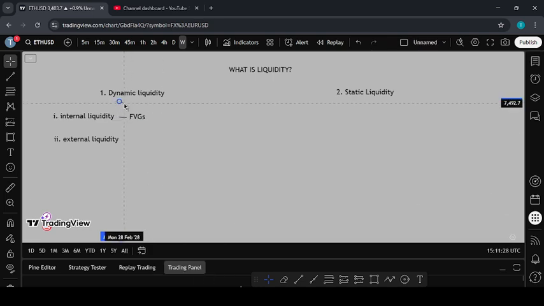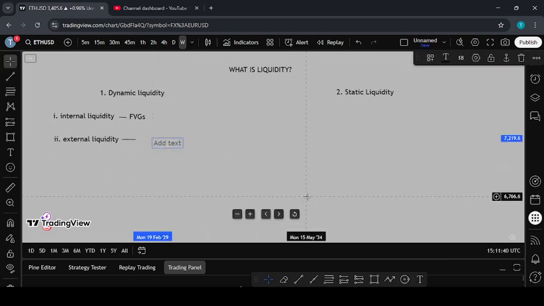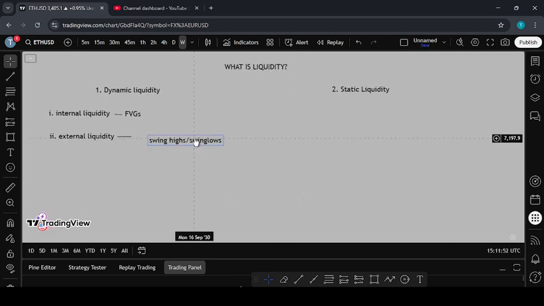When market creates that series of swing highs, top of the swing highs, and swing lows, something like this.